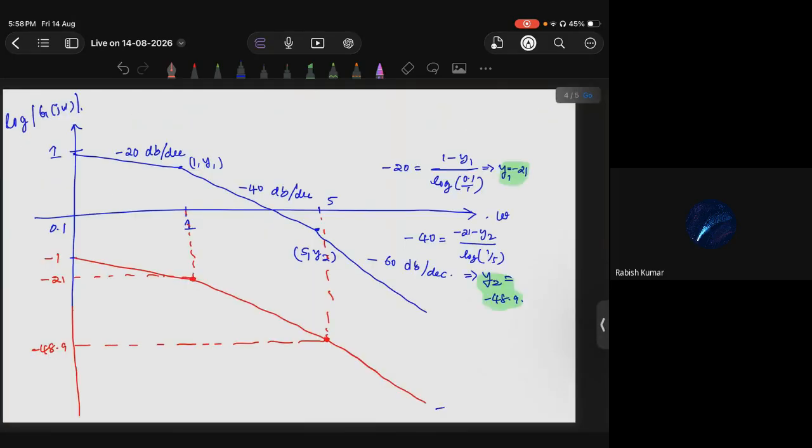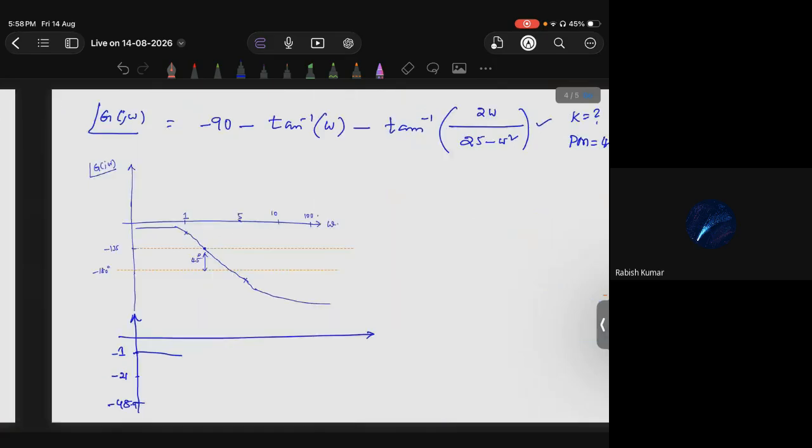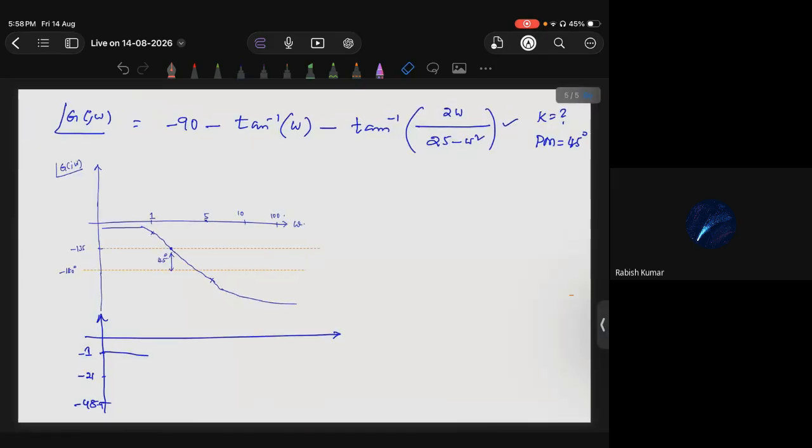So how do we have the curve? Yeah, so three slopes. These are the three slopes. So one at 1, another at 5. Okay. These are the things.